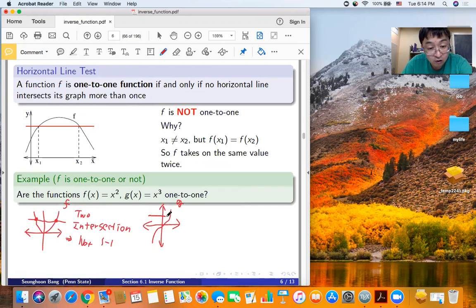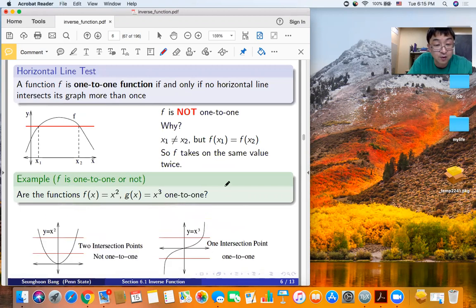If you draw a horizontal line, we have only one intersection point. So what does it mean? Yes, this function is one-to-one. This is the idea for checking whether a function is one-to-one from this example.